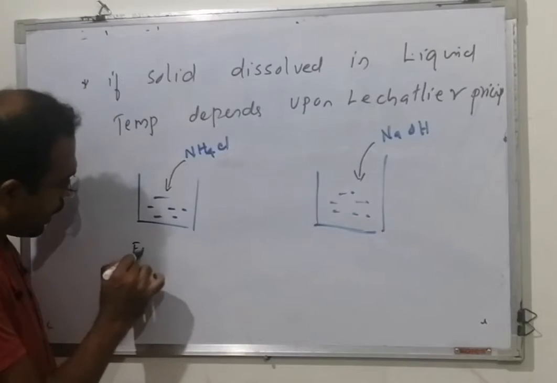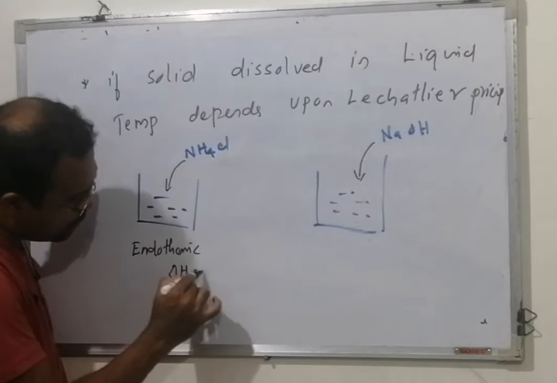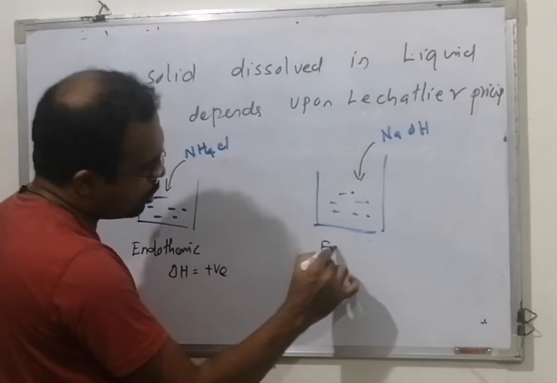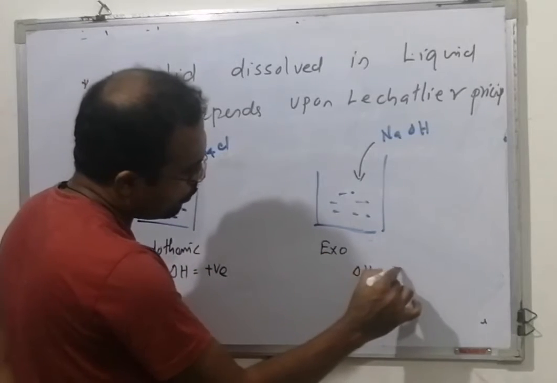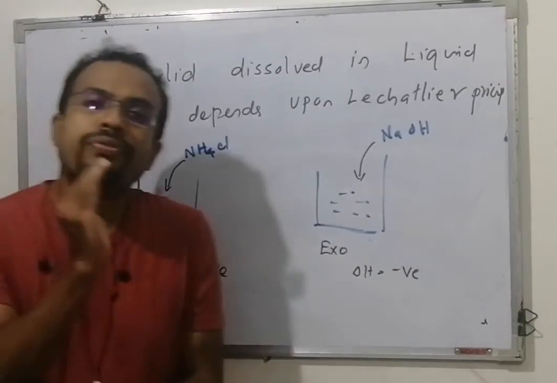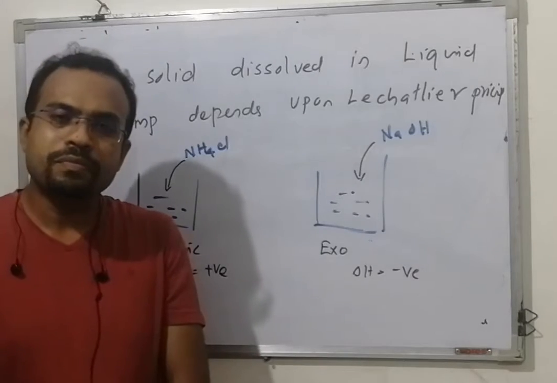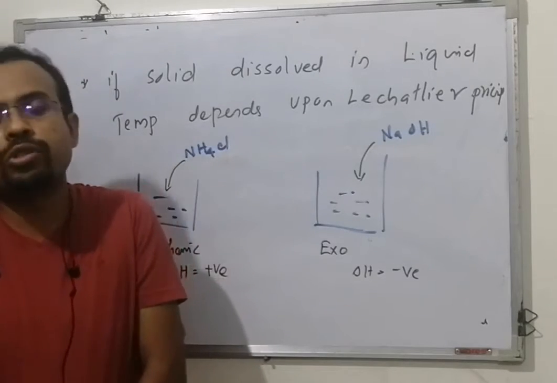Here it is endothermic, that is delta H positive. And here it is exothermic. Dissolution of ammonium chloride in water is endothermic. It absorbs heat from outside.